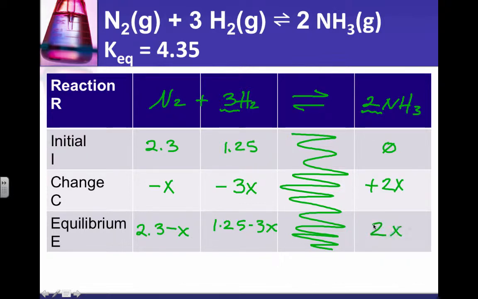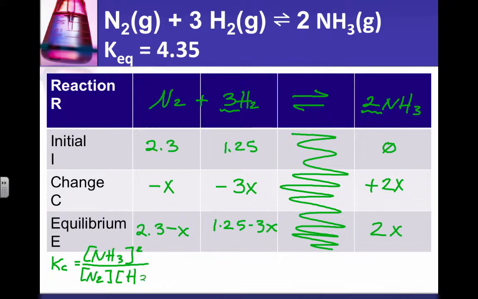Now let's write the equilibrium expression so we know what to do with all of these numbers. Ammonia is going on the top, and that will be squared. On the bottom, in the denominator, I've got my 2 reactants. Nitrogen is to the first power.